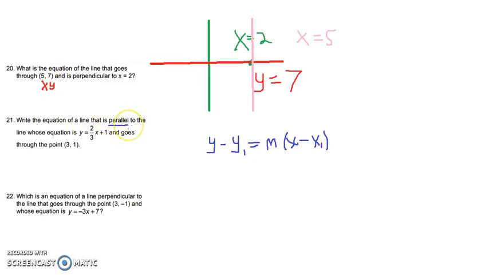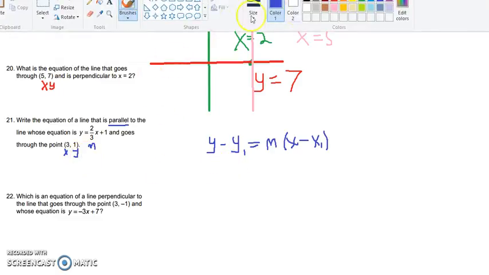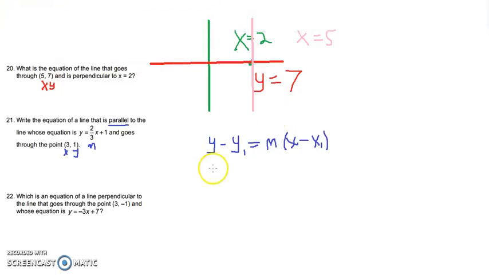This one's parallel. Parallel means you do not change the slope. So there's your m, there's your x, there's your y. So my equation for this one, it's going to be y minus y1, where y1 is 1, equals the slope, 2/3, times x minus x1, where x1 is 3.